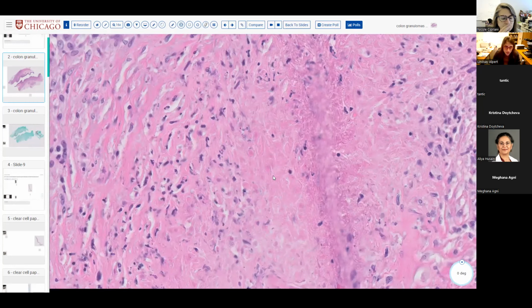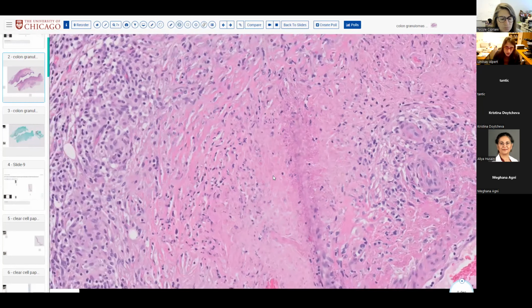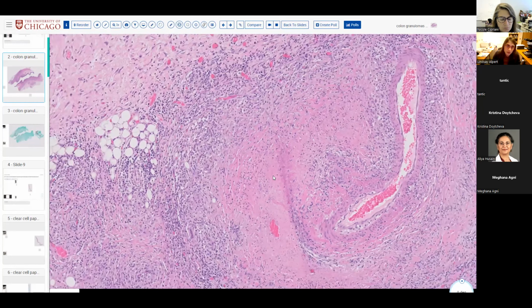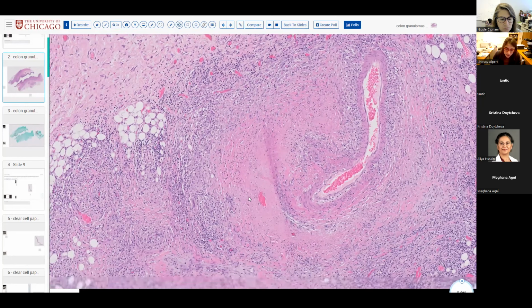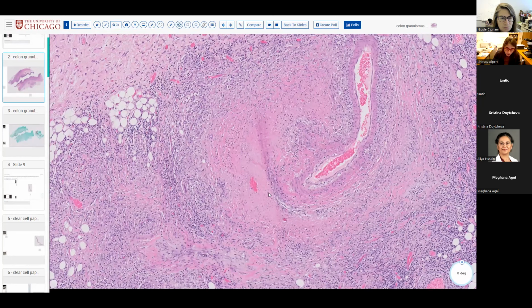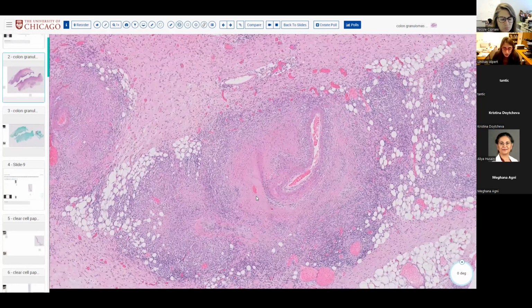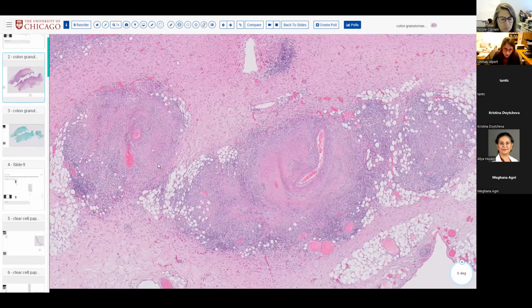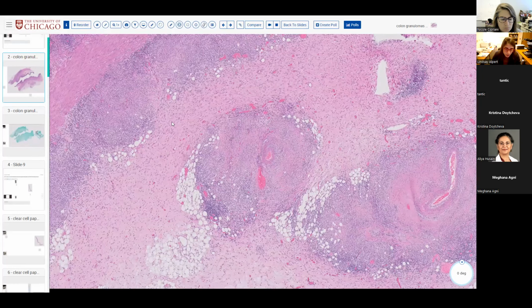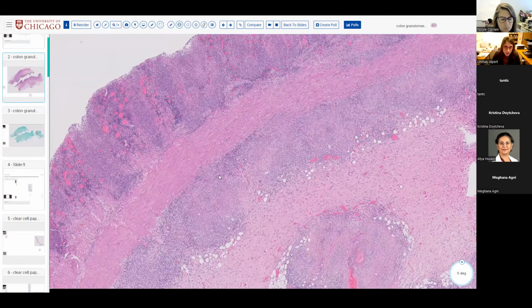It was easier to see on the real glass slides, but obviously you want to do bug stains in these cases. And in particular, if you see those kind of rounded, cleared out organisms, you want to do a GMS or a PAS to look for fungi. And I also would get an AFB to rule out mycobacterial organisms.